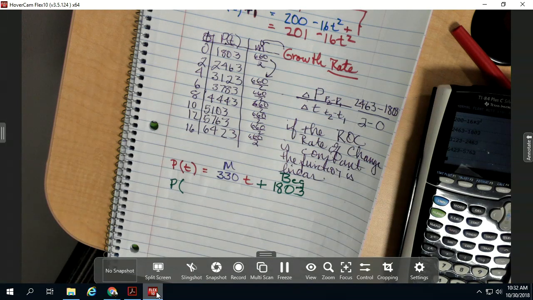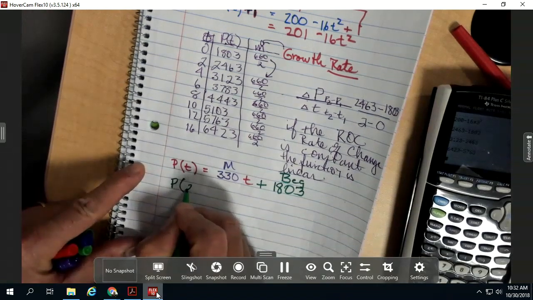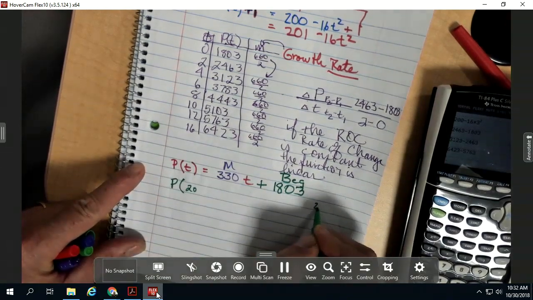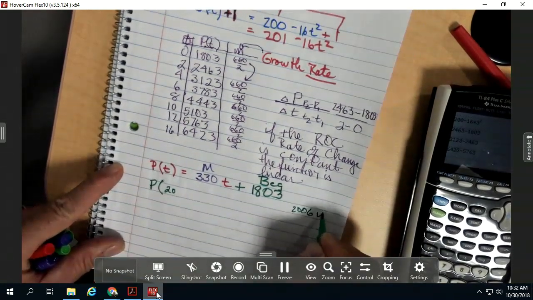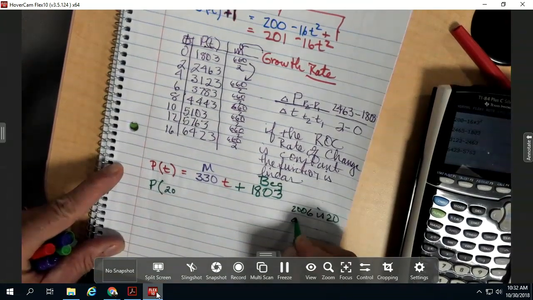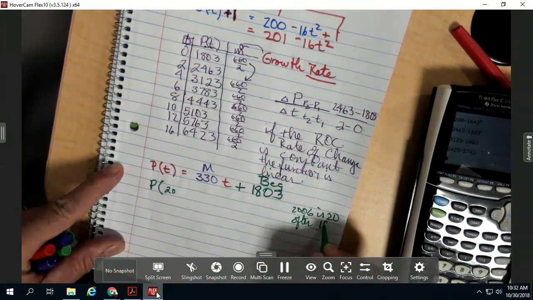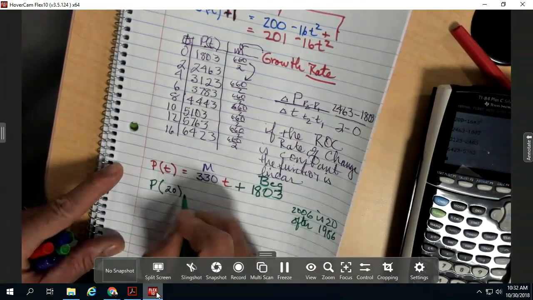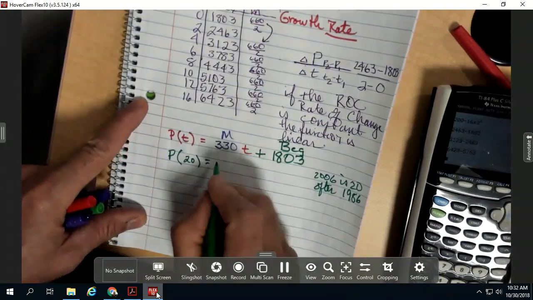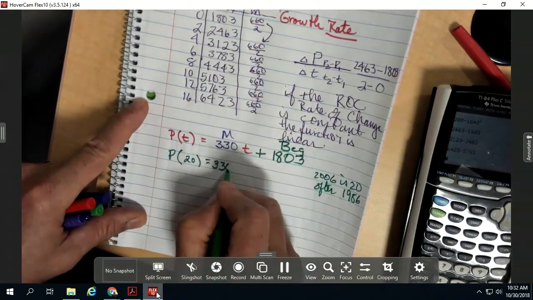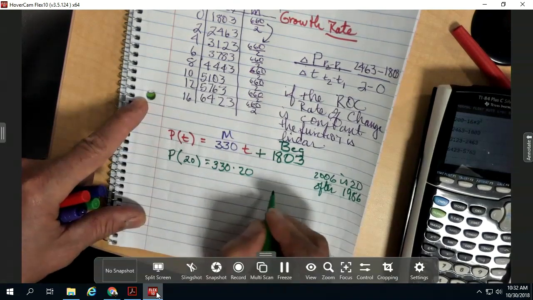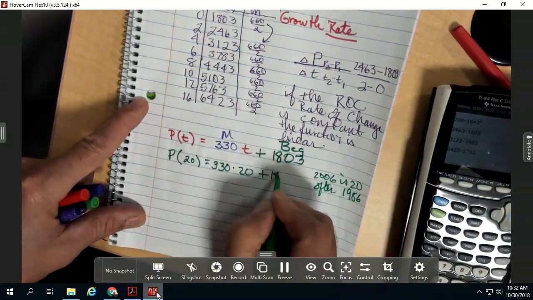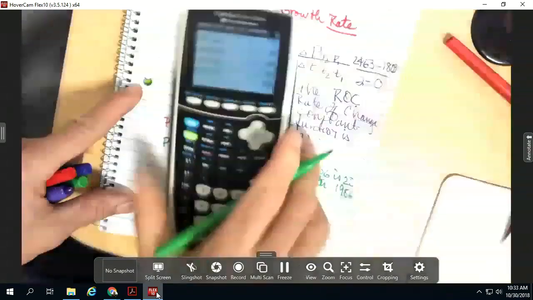Where'd you get the 20 from? 2006 is 20 years after 1986. So what are we going to do? We're going to take 330 times 20 and add 1803.